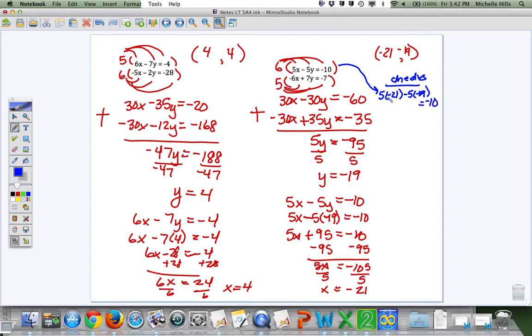I grab my calculator. 5 times negative 21 minus 5 times negative 19. It equals negative 10, which is, hey, the other side was already negative 10. It does check in that equation. And then let me change the color here.